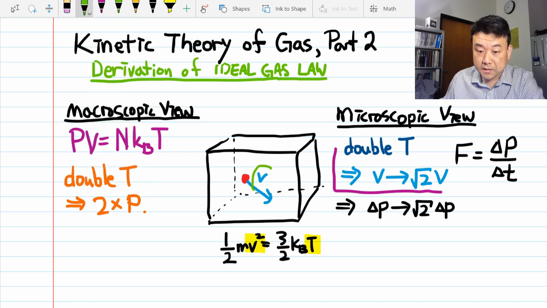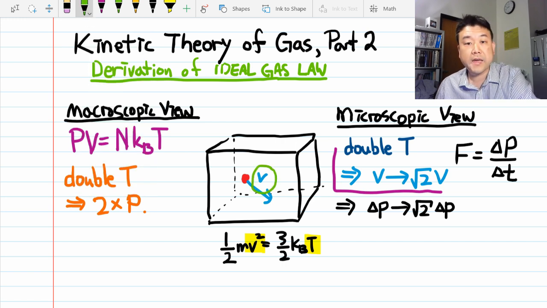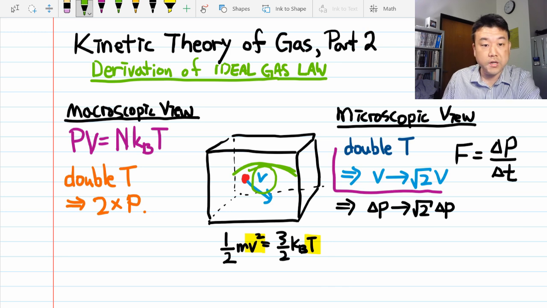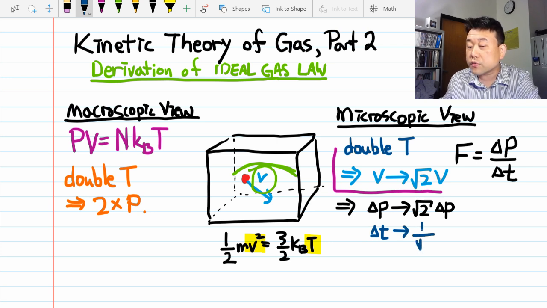Because the speed is increasing, it takes less time for the gas particles to bounce back and forth between the surfaces. So this delta t has to change as well. It takes less time, so it's going to be reciprocal: 1 over square root of 2 of the original delta t.